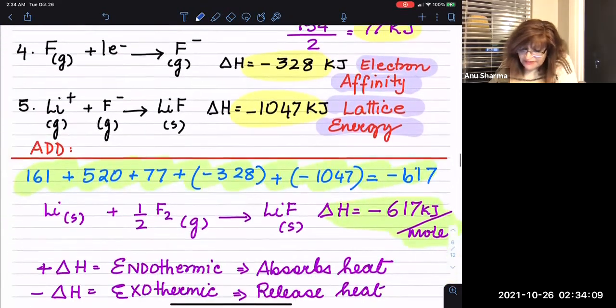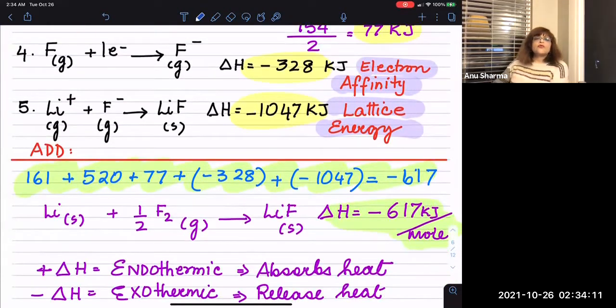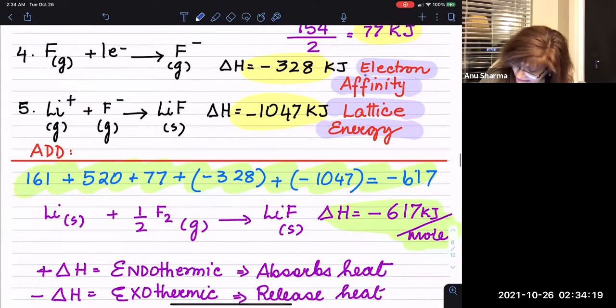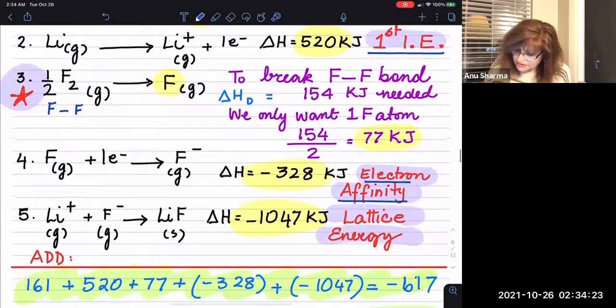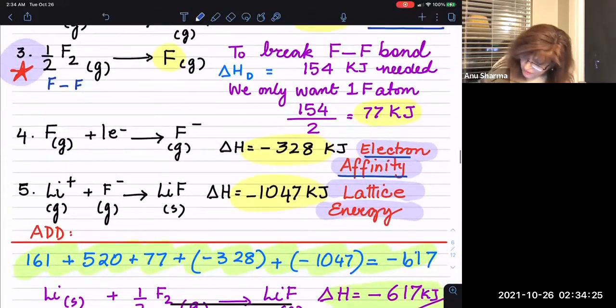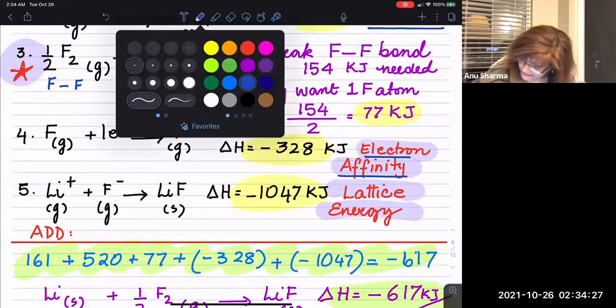Next, the same fluorine is going to acquire that one electron. And when it does, it is gaining a negative charge. This energy term is called the electron affinity. Okay, so this is called a bond dissociation energy. Let me write this down.